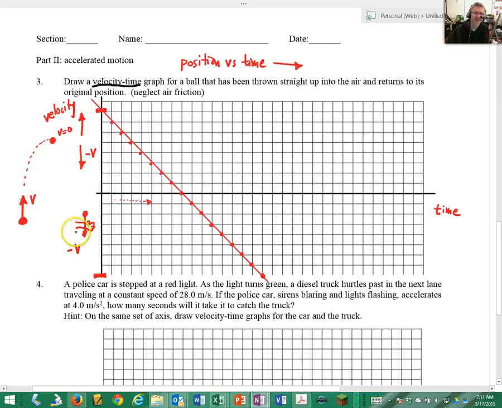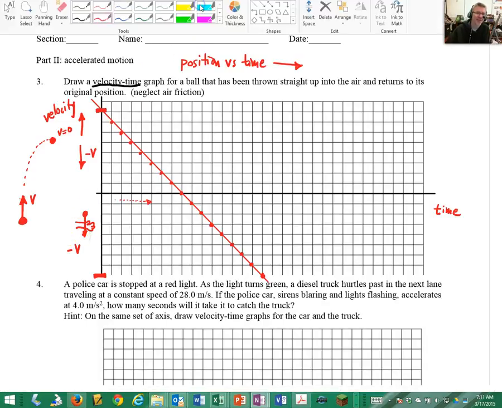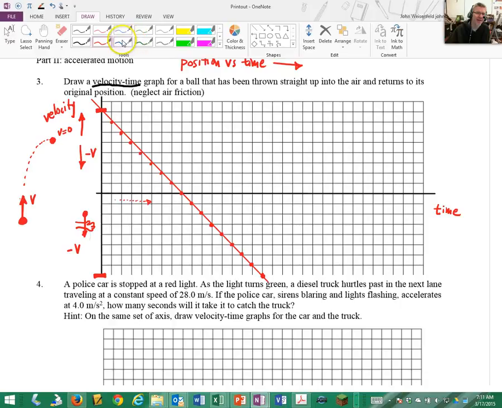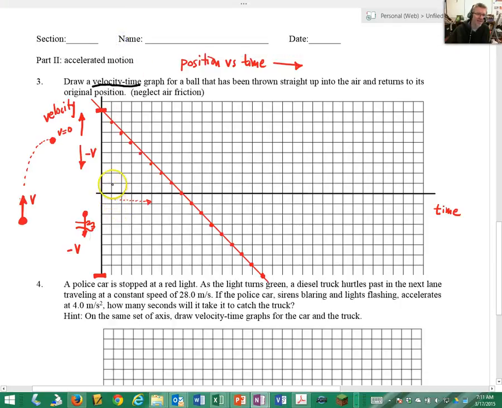Okay, so here's what a position versus time graph looks like. And I'll draw that in blue. So those of you who drew this, I applaud you for that. You can draw this as well, maybe for a little extra credit. So what happens when you throw it in position is it starts off, it's going to get to the top here.